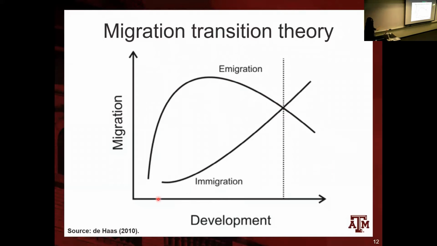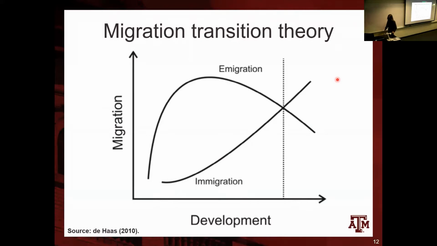And on the other hand, countries that have low levels of development tend to attract fewer immigrants. So the level of immigration is lower. As these countries develop more, you will start to see an increase in immigration, right? So overall, this is the association between development and migration.